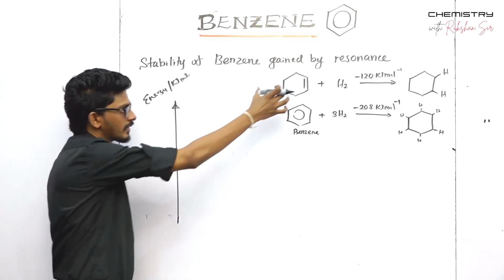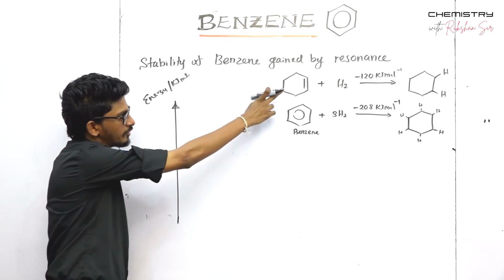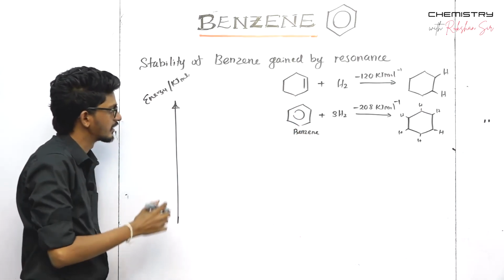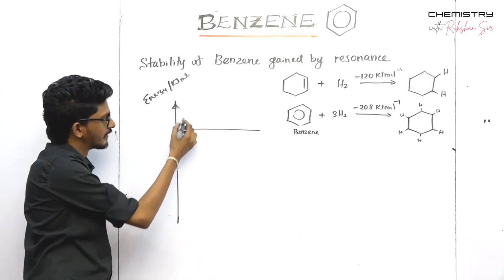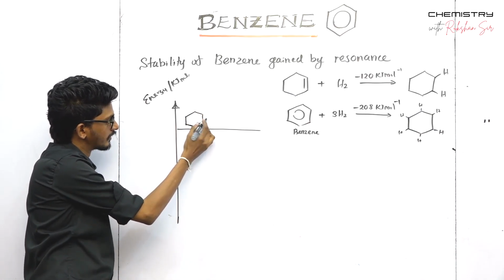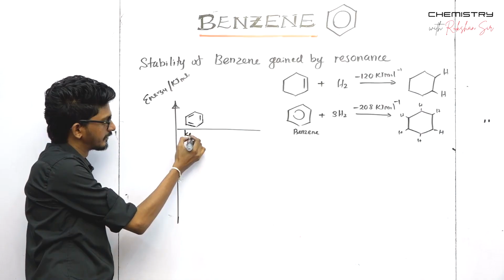Actually, when it comes to the Kekulé structure, you have 3 of these double bonds, right? So if you think of the Kekulé structures, they are like this.